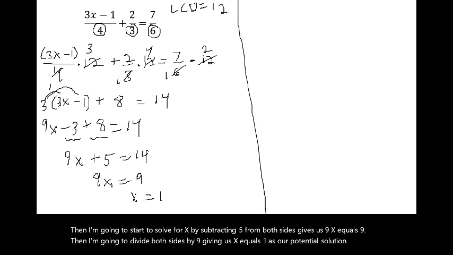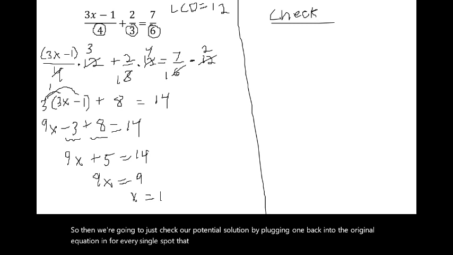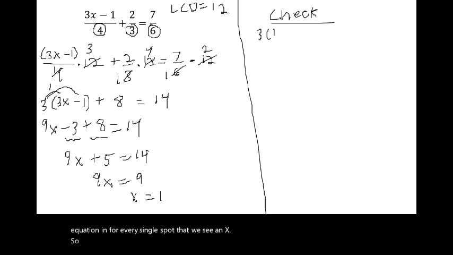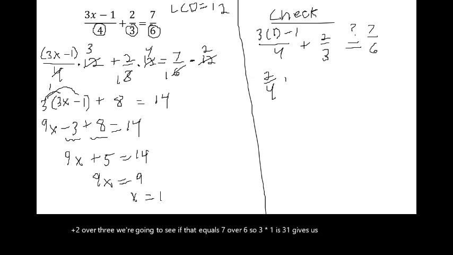Then we're going to check our potential solution by plugging 1 back into the original equation in for every single spot that we see an x. So we have 3 times 1 minus 1 over 4 plus 2 over 3. We're going to see if that equals 7 over 6. So 3 times 1 is 3 minus 1 gives us 2 over 4 plus 2 over 3.